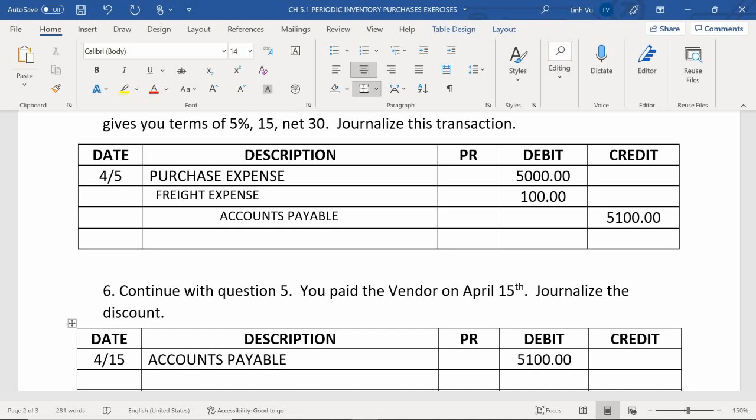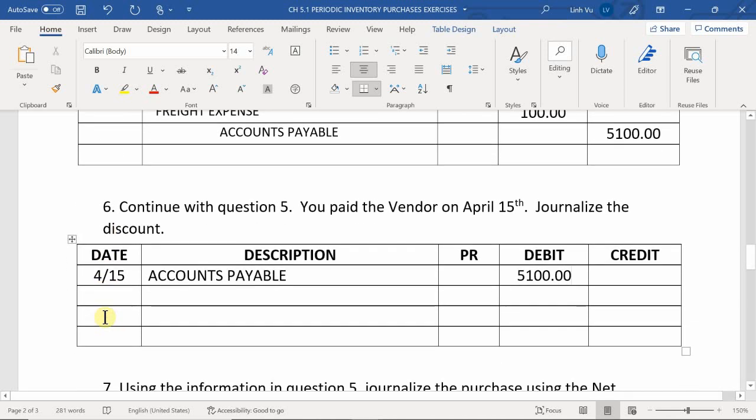Now, I met the discount period. Am I actually going to be paying the full 5,100?